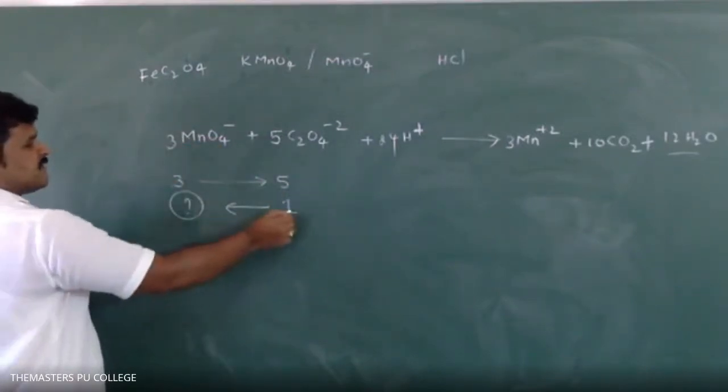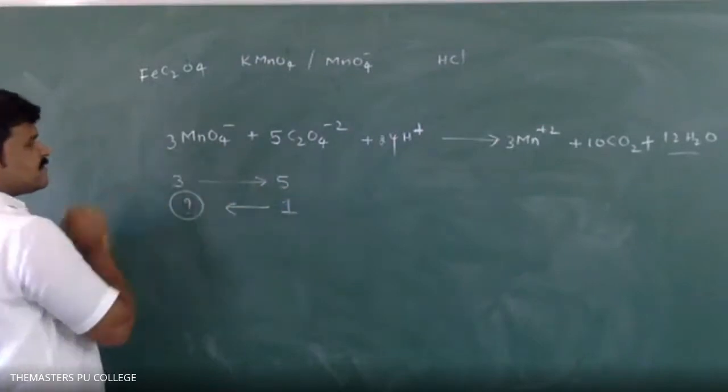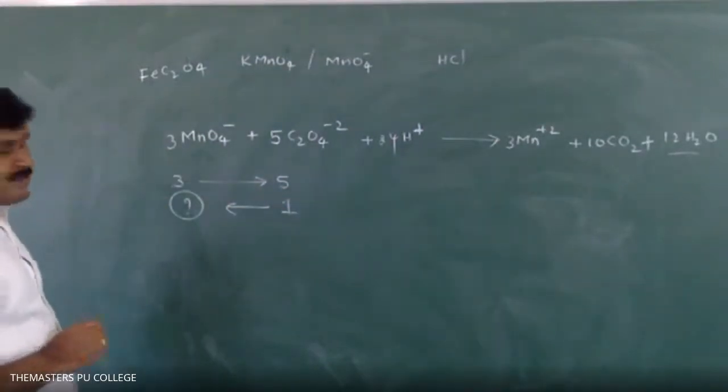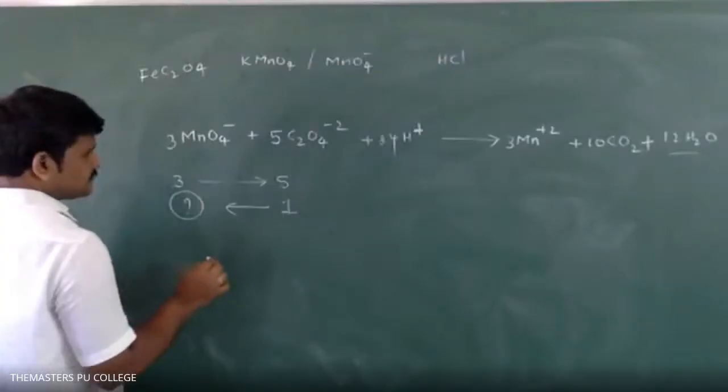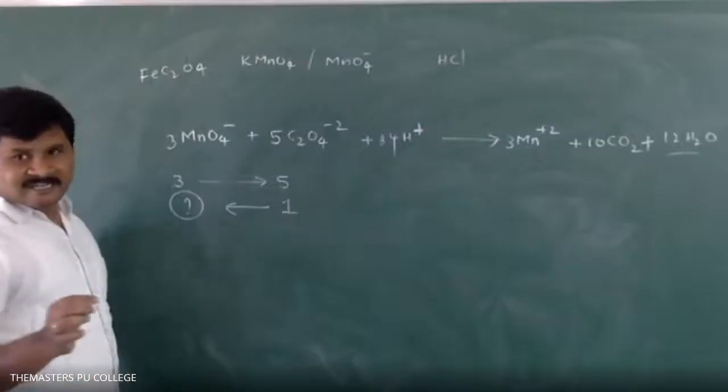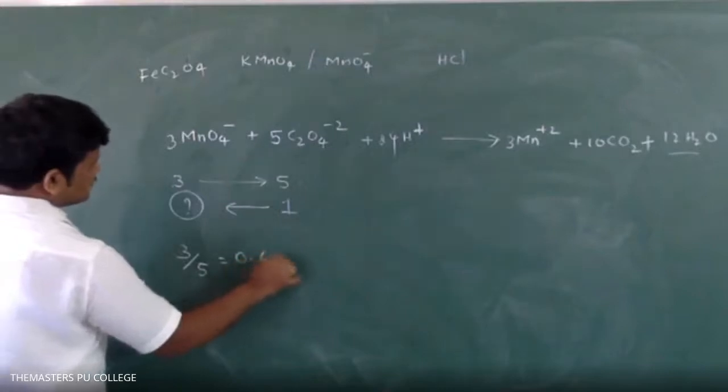If you take 1 mole of oxalate, it is 3 by 5, which is 0.6 moles.